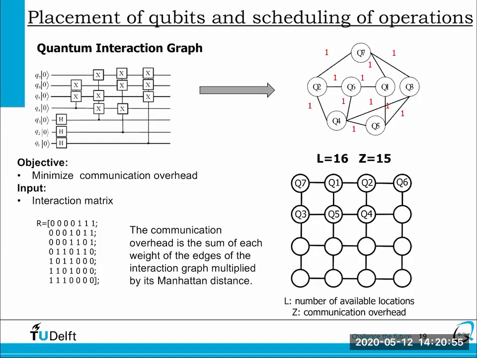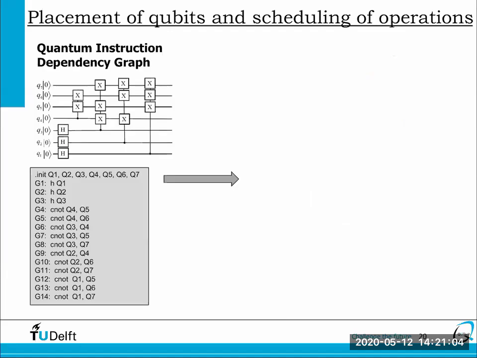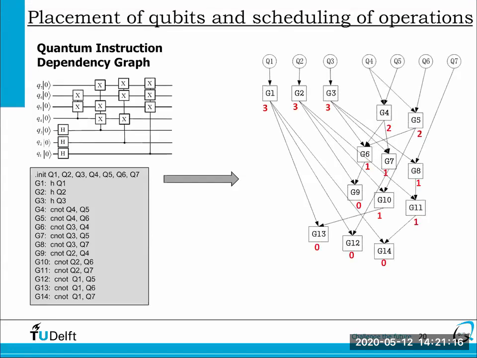Okay. So the next step, once you have placed your qubits in the quantum device, is to start the scheduling operations. And for that, what we need to build first is what is called a quantum instruction dependency graph. A quantum instruction dependency graph looks like this, in which, again, you have nodes and edges.